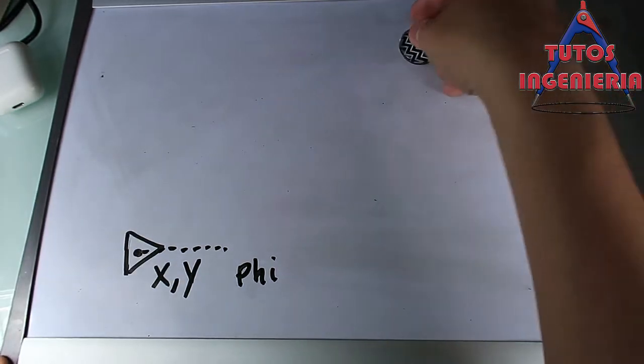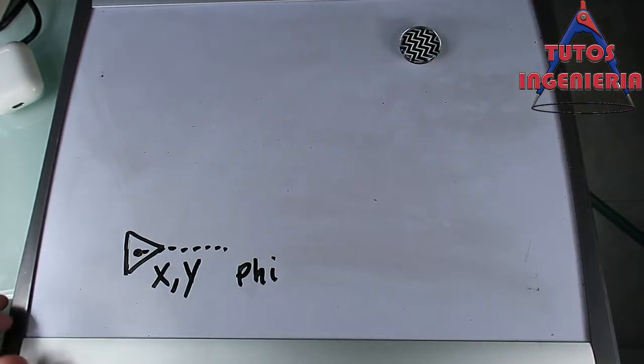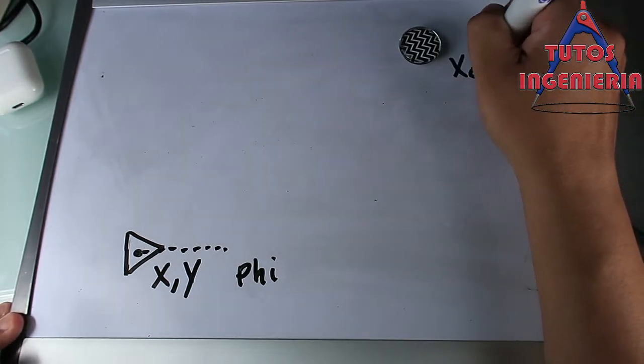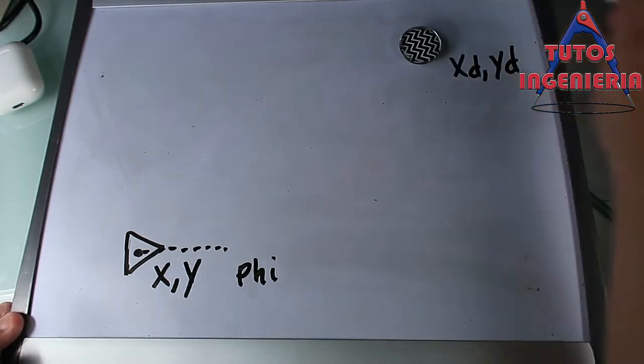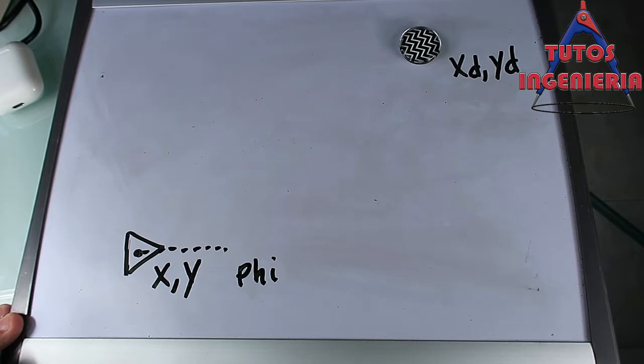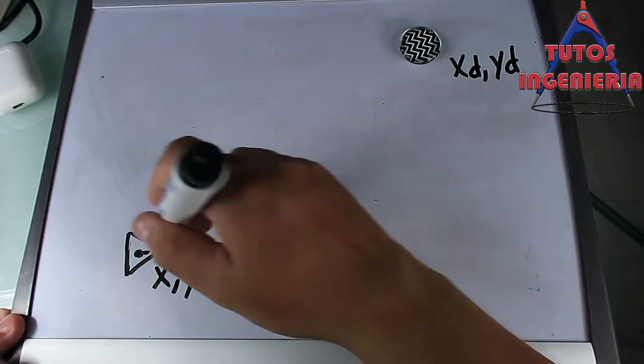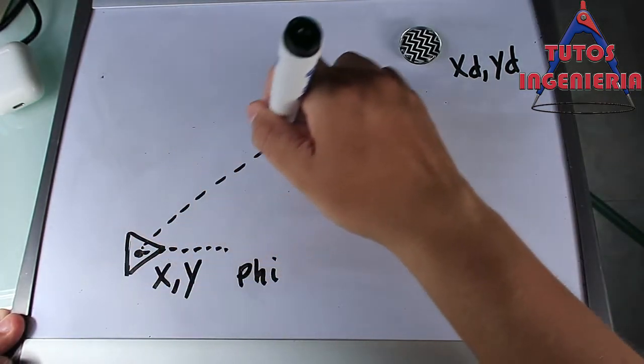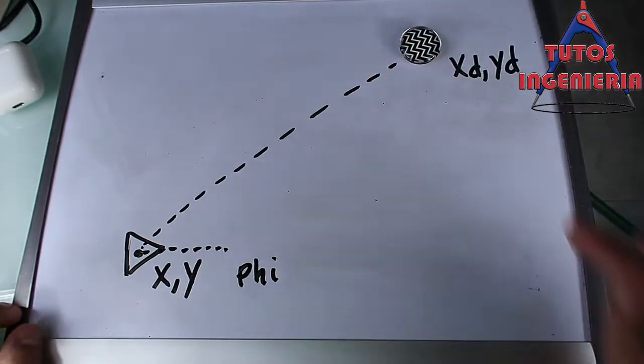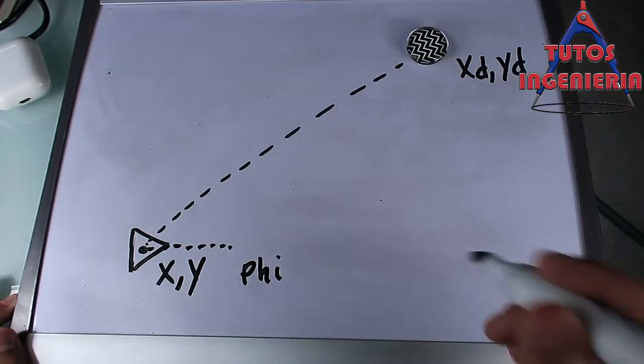But we want this car to achieve a point in the space. That point is x desired, y desired. This is the point that we want to achieve with our car. This is the trajectory that the car has to describe.